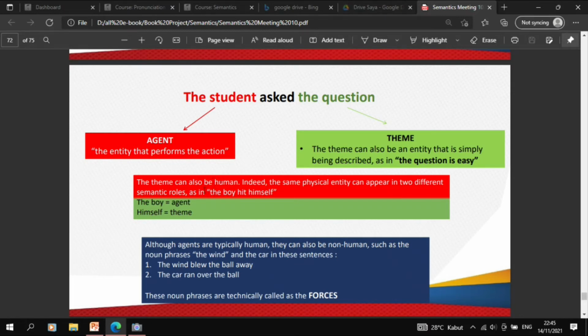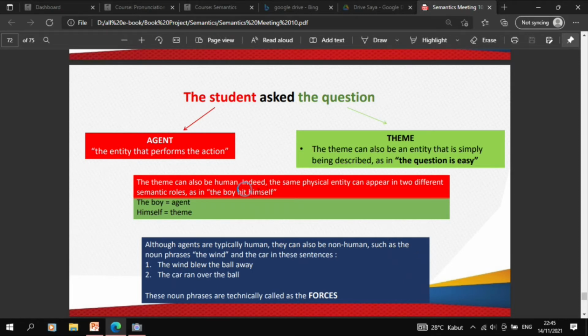So see this example. Katanya, the boy hit himself. So the boy is the agent, because the boy is the one who performs the hit, yang melakukan pukulan adalah si anak laki-lakinya. And the theme, siapa yang merasakan, tema dari kalimat ini kan berarti these people, himself. So this is the theme.